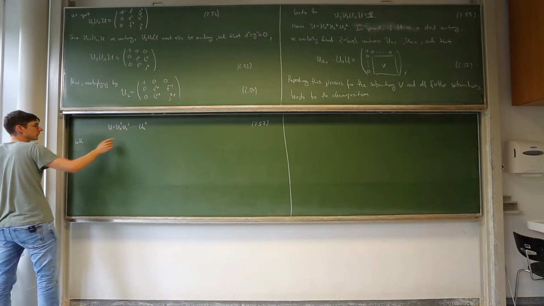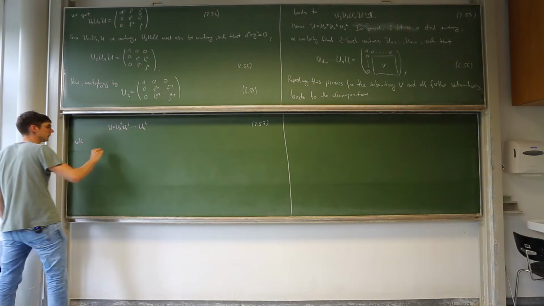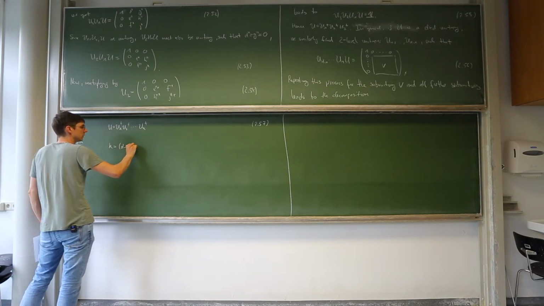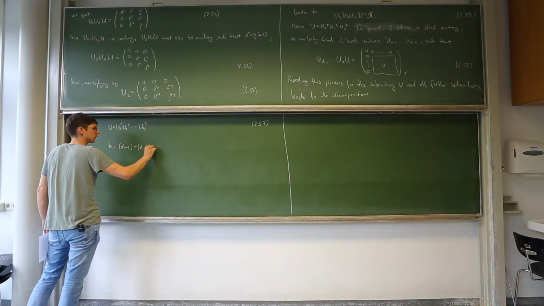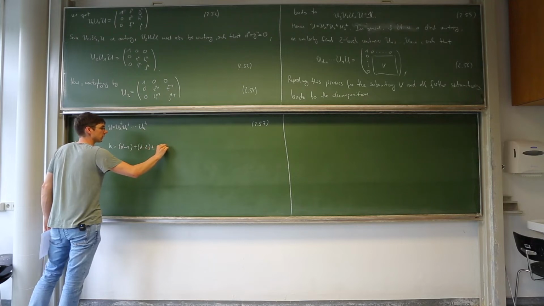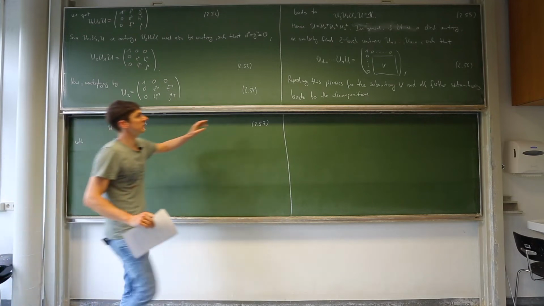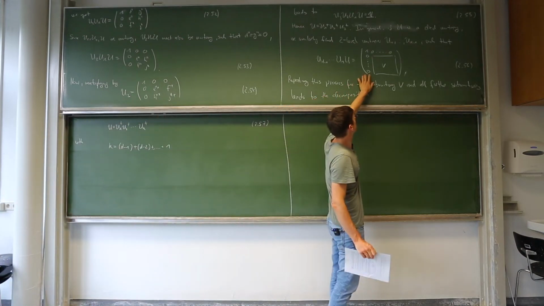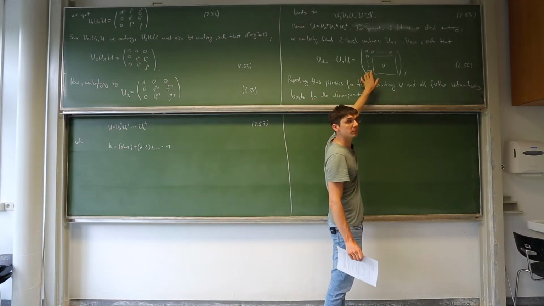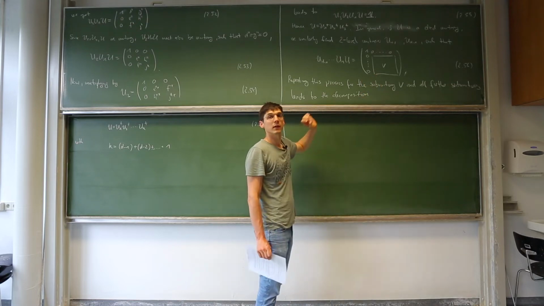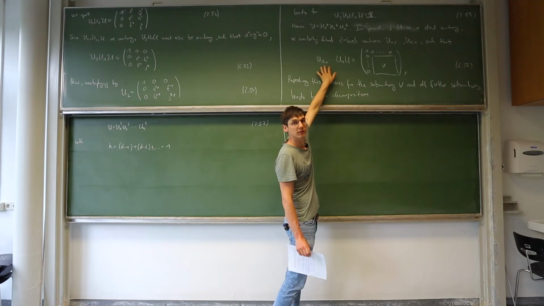Now K, the number of two-level unitaries, is d minus 1 plus d minus 2 and so on. To eliminate one column, we need d minus 1 two-level unitaries, as you can see here.